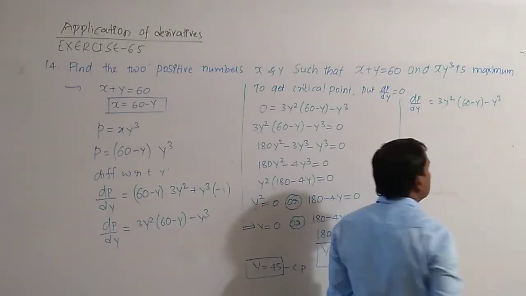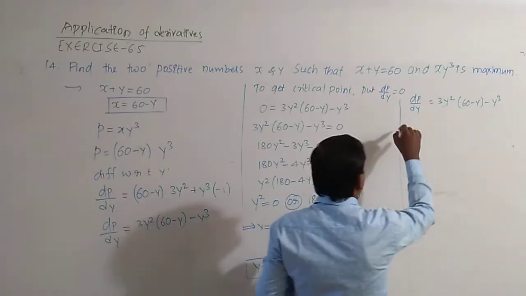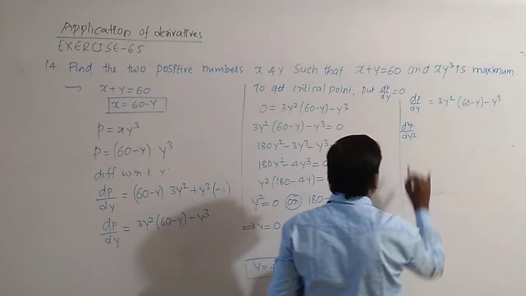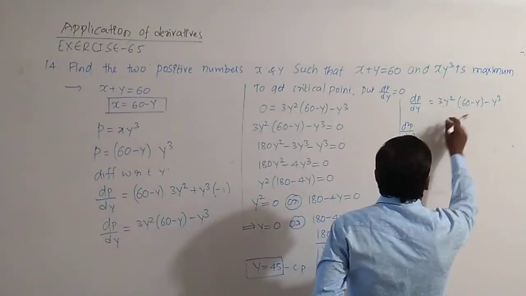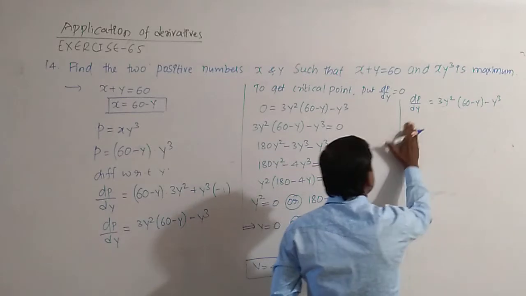Okay, right. Now we should find the second derivative. Again differentiating this, we could apply the product rule, or first simplify this one.